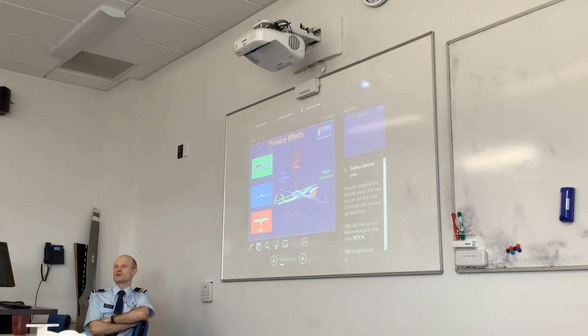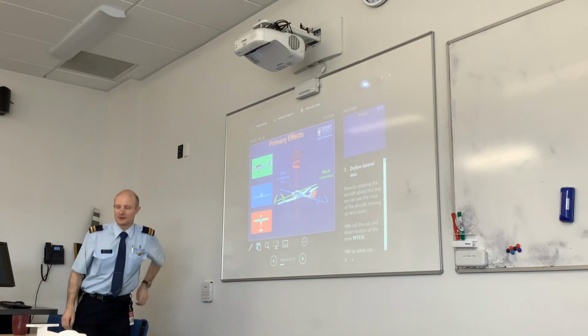You use it whenever you change power settings to prevent the yaw from the slipstream. That is its purpose. It is not to cause yaw. When do you ever stab in rudder in flight and just use rudder on its own? You never do you? Not unless you're deliberately wanting to slip or skid, which is not a normal thing. So mention that, because the student gets the wrong idea about it otherwise.